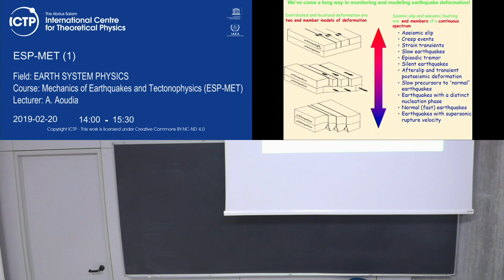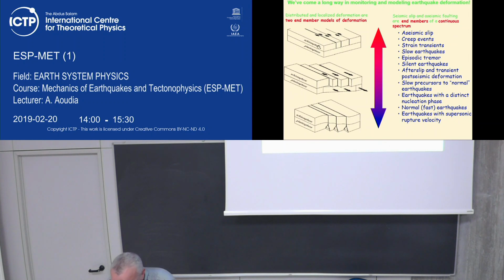You've learned space geodesy a little bit. Then we're getting from one single fault, and here the idea is to understand how the big picture, which is plate tectonics, or deformation within the continent, is accommodated by each single fault, right?